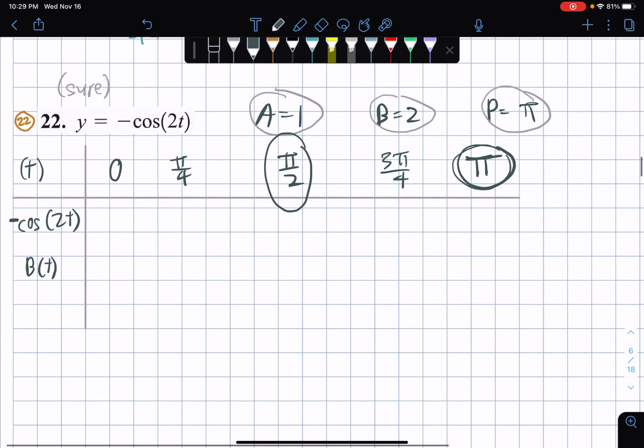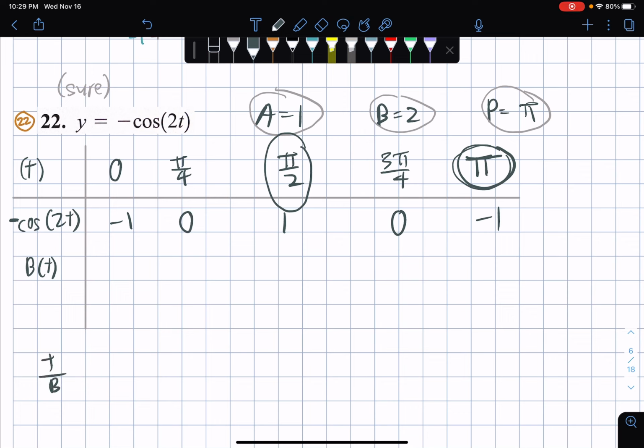So with that strategy in mind, negative cosine 2 times t, assuming that t is 0, we get -1. Then if t is pi over 4, 0, +1, 0, -1. Then bt is equal to t over b.